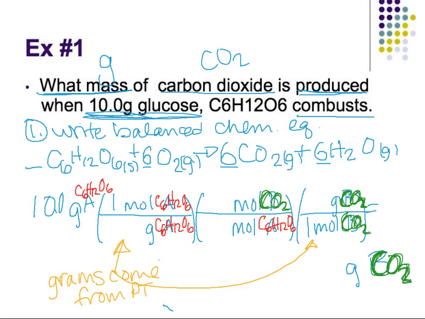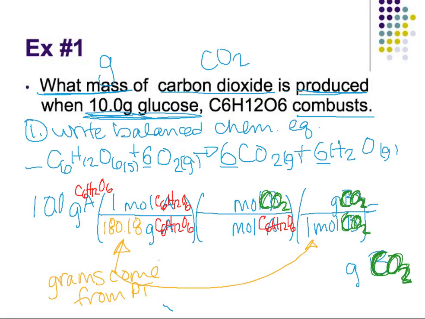That's going to be 6 carbons. I'm getting my calculator ready. So 6 times 12.01 plus 12 times 1.01, the mass of hydrogen, plus 6 times 16, the mass of oxygen, for a grand total of 180.18 grams.